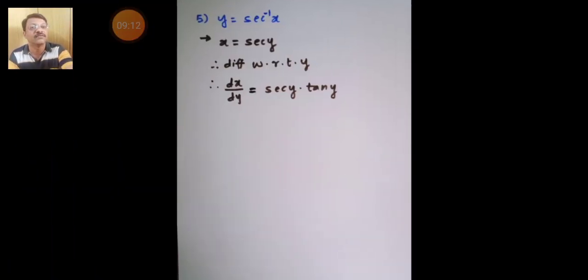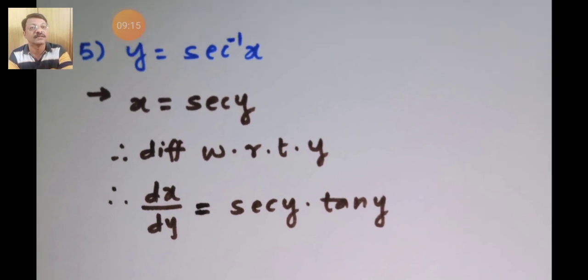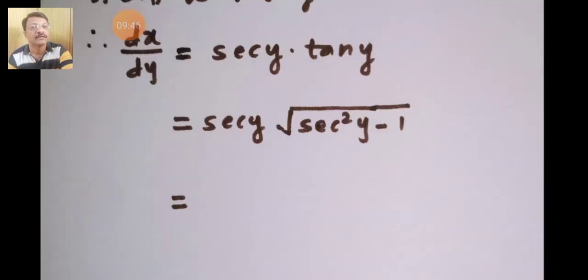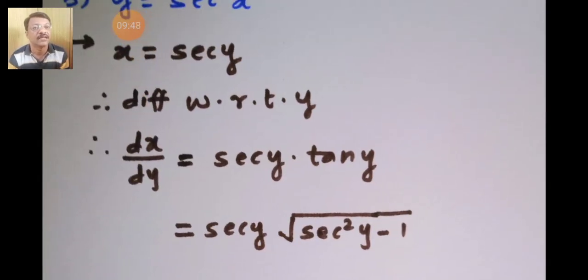Let's see y is equal to sec inverse x. You can find this derivative by writing x is equal to sec y, differentiating with respect to y gives dx by dy is sec y tan y. Here you have to change tan y, because you're going to write this dx by dy in terms of x. Dx by dy is equal to sec y tan y, which is sec y into, write that tan y as root of sec square y minus 1, so that you can write the whole dx by dy in terms of x.